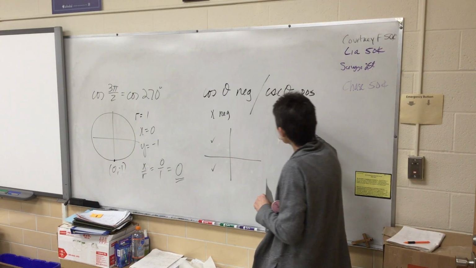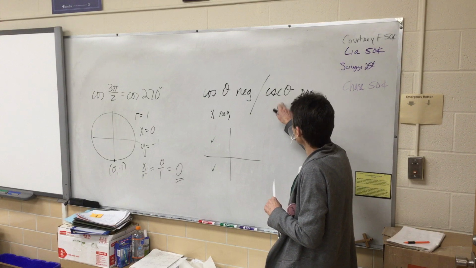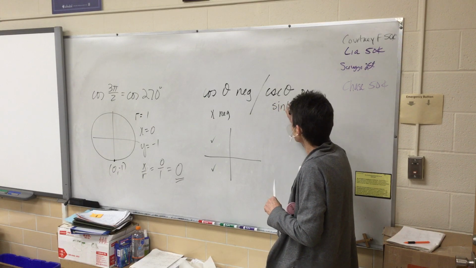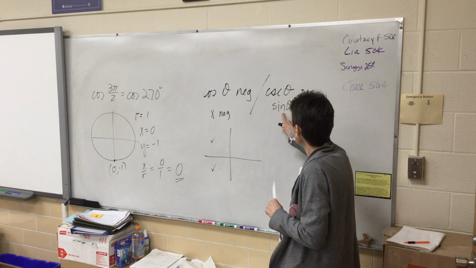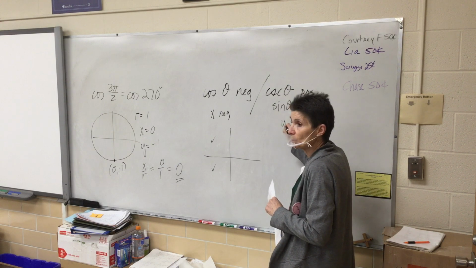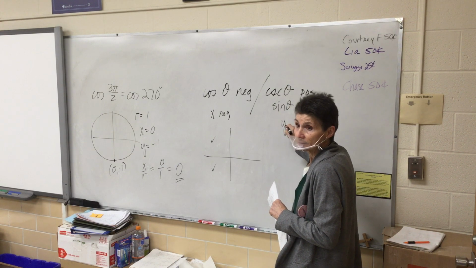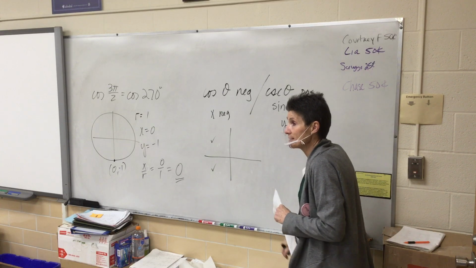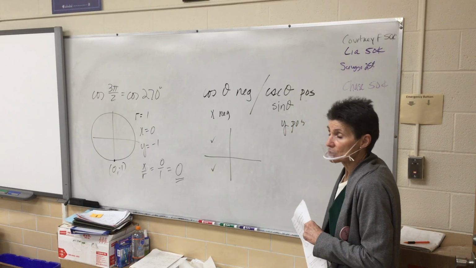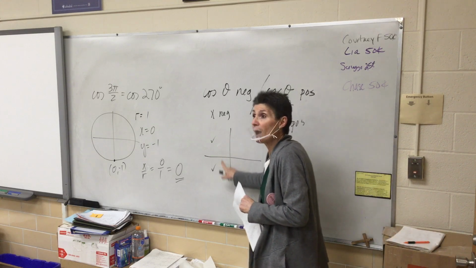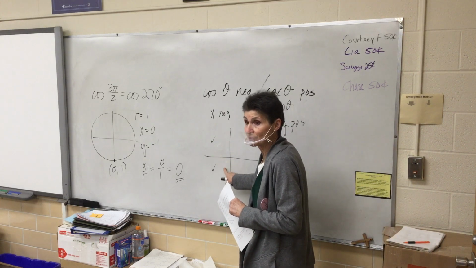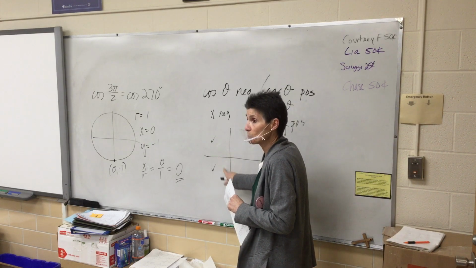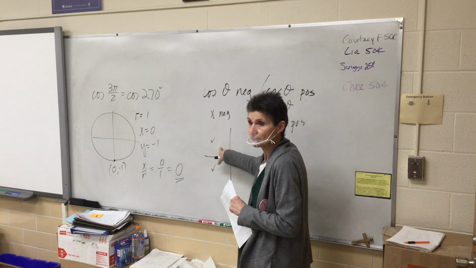Now, cosecant is the reciprocal of the sine, and sine is associated with y. So y has to be positive. So of these two options, this is all we have left, which is the only place where y is positive?